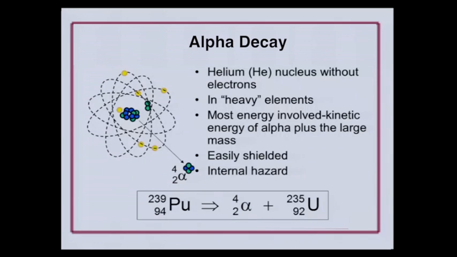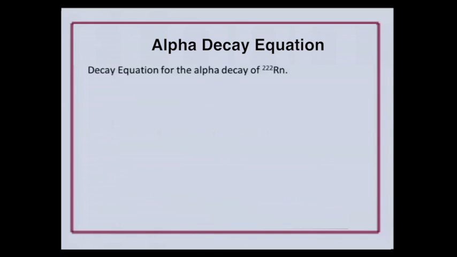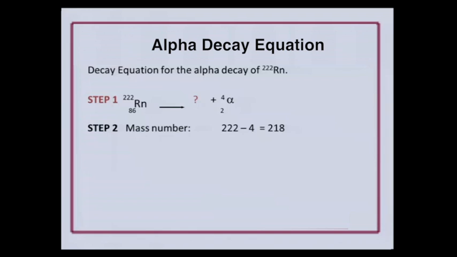As far as the basic steps involved, if, for example, we're going to plot the decay equation for alpha decay of radon-222, we would first set up our equation. We've got the parent, which is radon-222. It's going to alpha decay to a daughter, and the daughter we don't know. We're going to find it. The mass number is going to go down by 4, so the A is reduced by 4, the new A number being 218, and then the atomic number will go down by 2, maintaining mass balance.